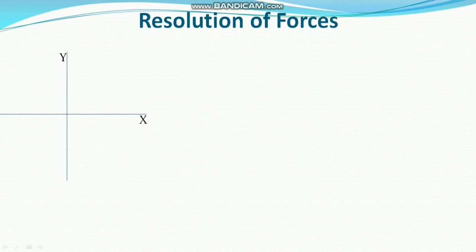In the first quadrant, x and y are positive. In the second, x is negative and y is positive. In the third, x is negative and y is negative. In the fourth, x is positive and y is negative.